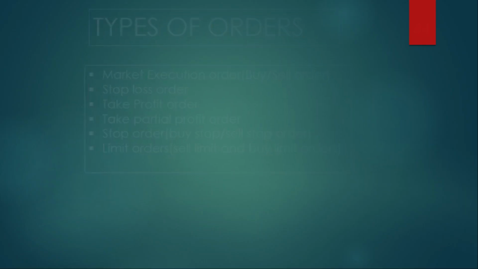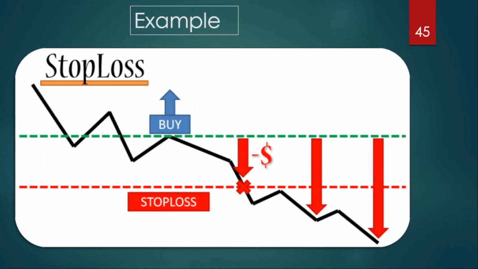Let's talk about stop loss. In this case, we decided to buy, anticipating that the market will go up. If we buy, our stop loss will be below the price where we just bought.